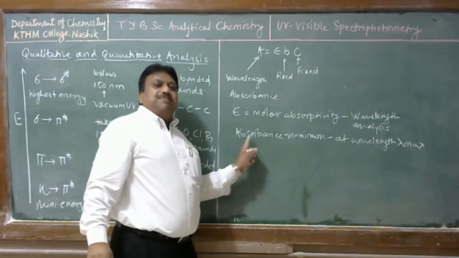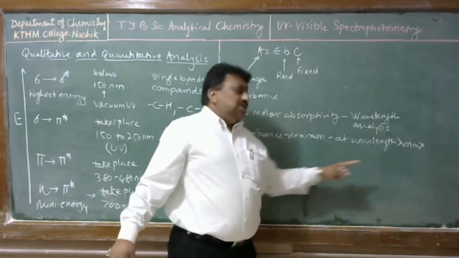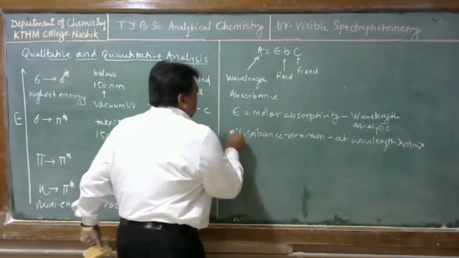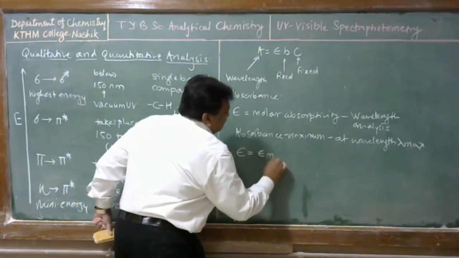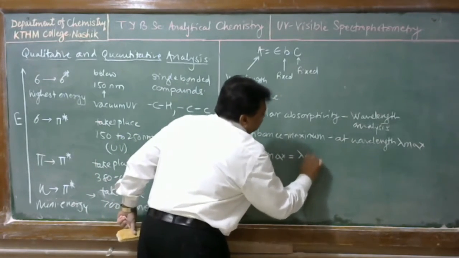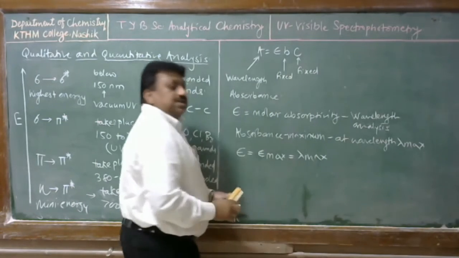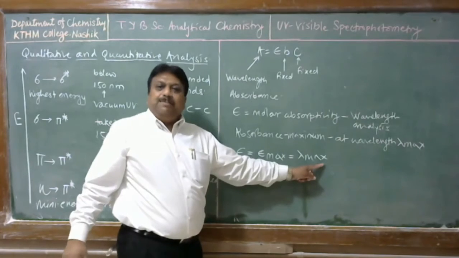Therefore, absorbance maxima occur at lambda max. Therefore, the molar absorptivity is called epsilon max at lambda max. Here epsilon, the molar absorptivity, is a maximum at lambda max.